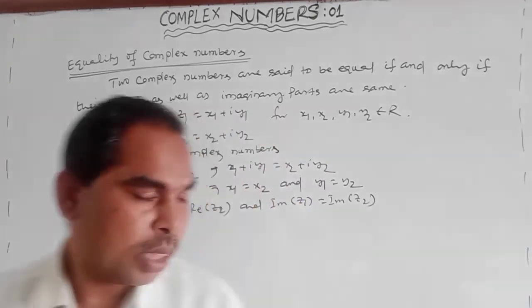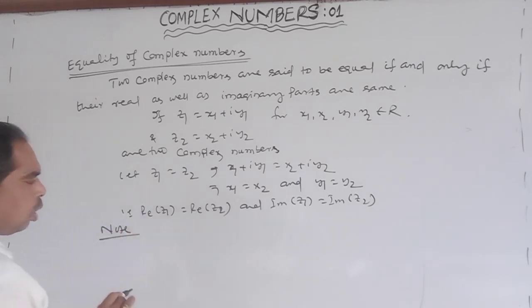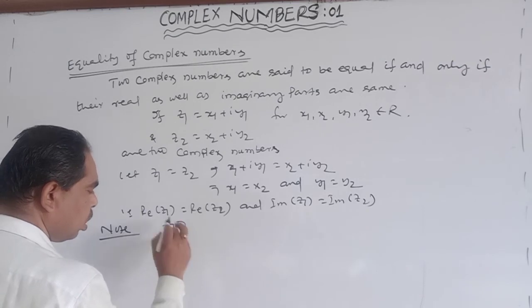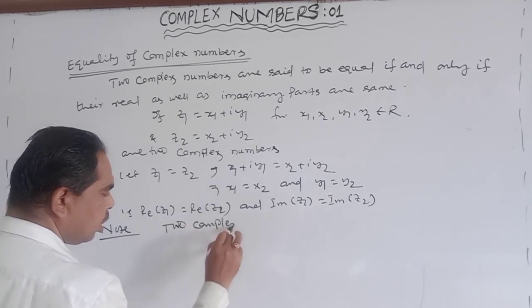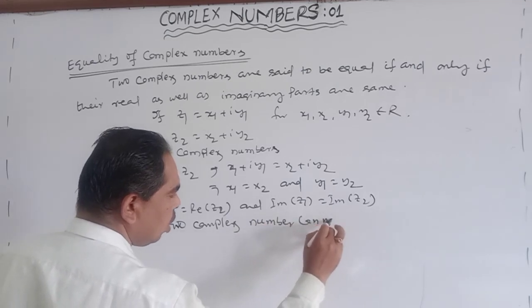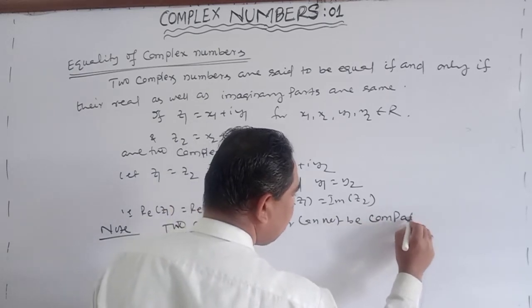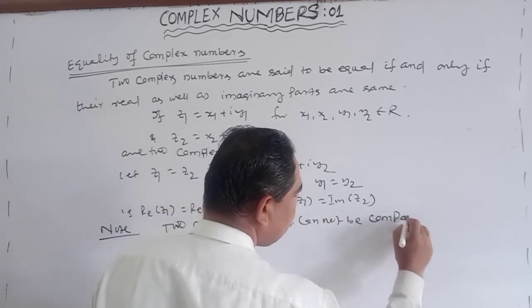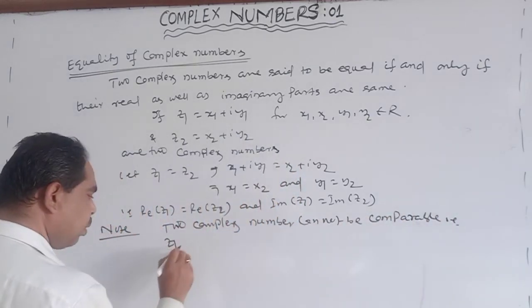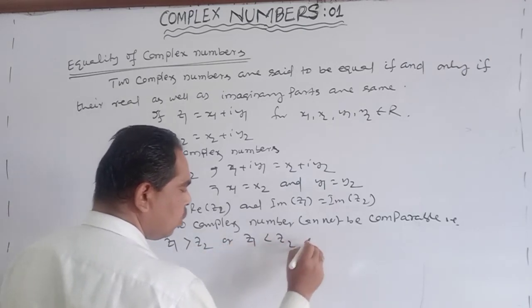Okay, so note: two complex numbers cannot be comparable. That is, z1 greater than z2 or z1 less than z2 are meaningless.